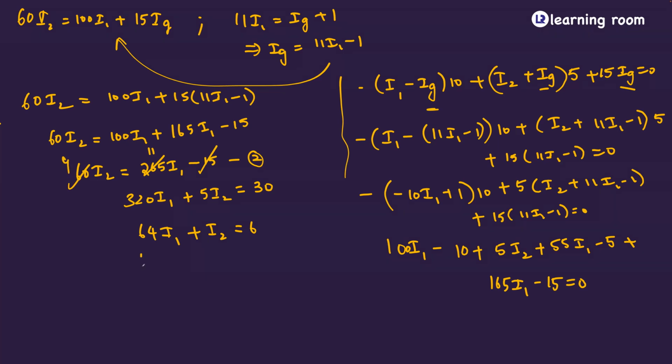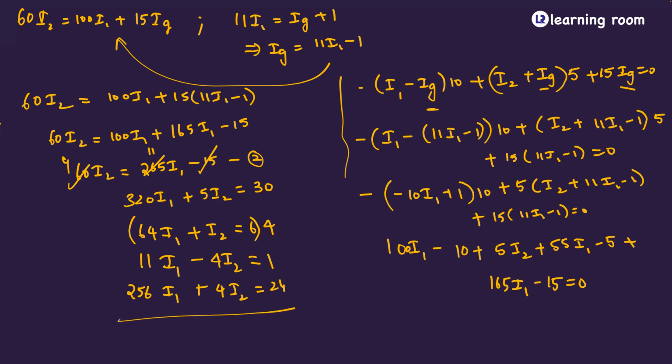So can I write 11 I1 minus 4 I2 is equal to 1? So this I will multiply with 4. When I do that, 64 into 4 is 256. So 256 I1 plus 4 I2 is equal to 24.